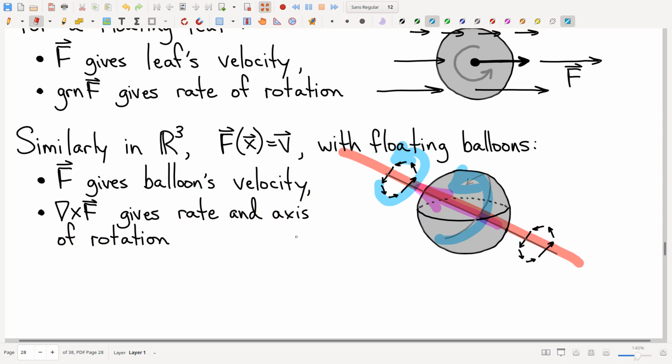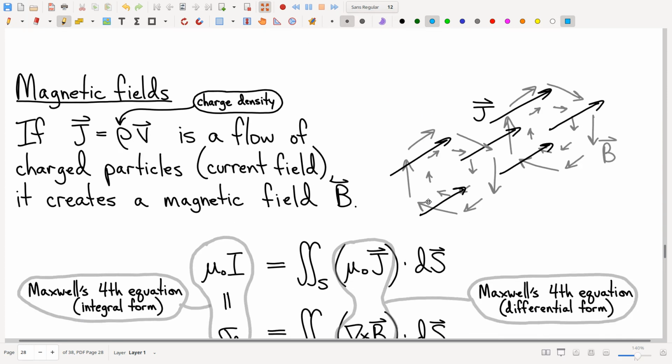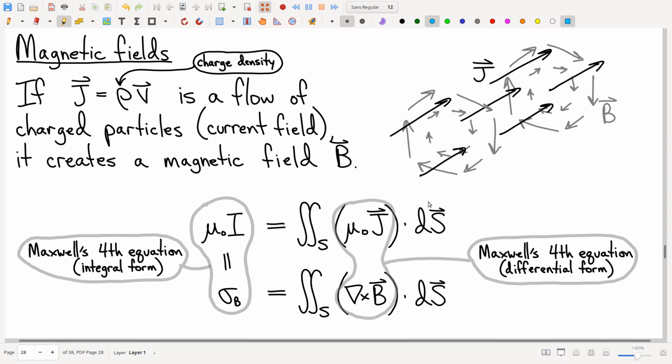All righty. Now here's a more technical example. This is magnetic fields. You probably have some previous exposure to magnetic fields. If you don't, worry about it. This is not a physics class, right?